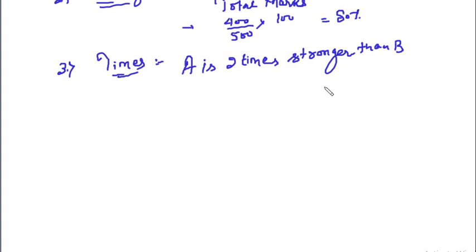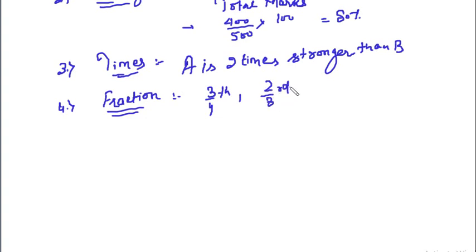Now the next one is, sometimes we express it in fractions. Fraction is 3/4, 2/3. Like we studied in the partnership that D is admitted for 3/4 share, isn't it?